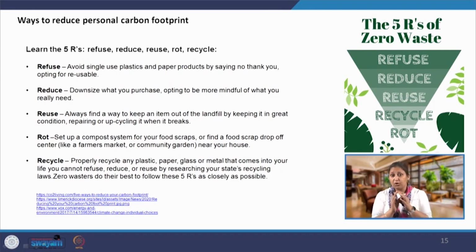You can go around your homes, especially talk to the grandparents' generation, and you would see that they wouldn't throw anything. A lot of times people complain that Indian homes are quite cluttered. That is because of the inherent philosophy of reusing, and that is why we have remained a sustainable society for a long period of time.